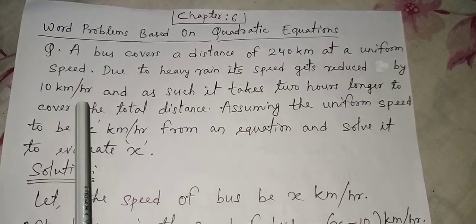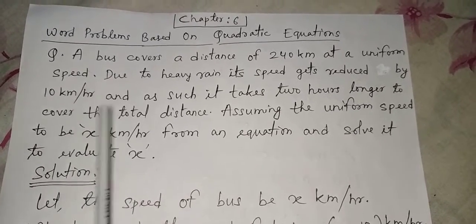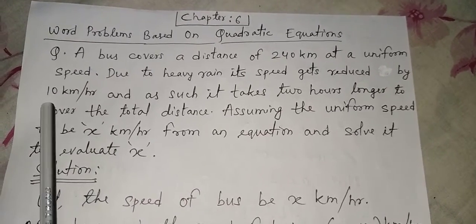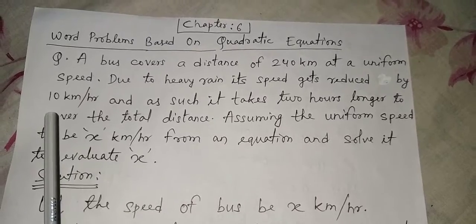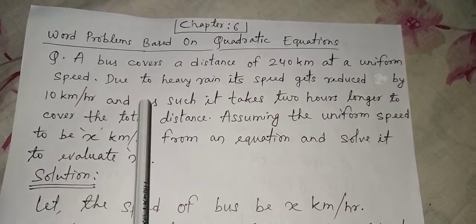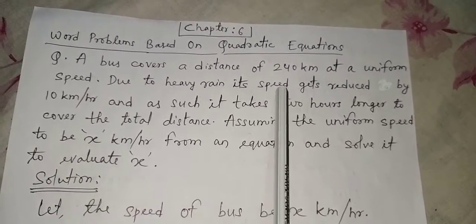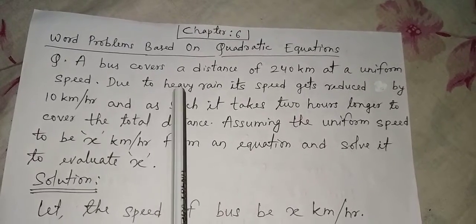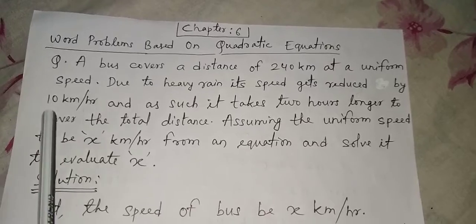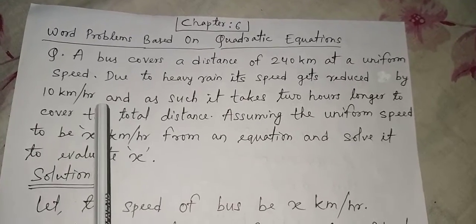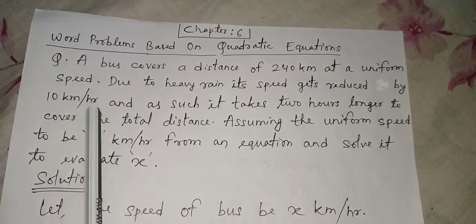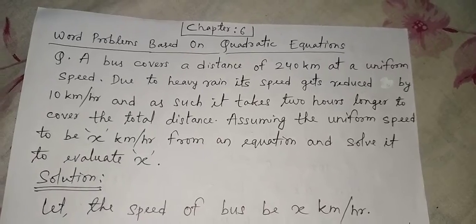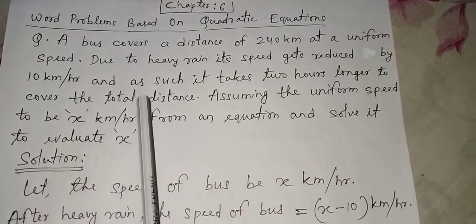That means if it was running at a speed of 80 km per hour, now it will run at a speed of 70 km per hour, because 80 is the actual speed of the bus. But when it was raining, it reduced its speed by 10 km per hour. That means from 80 km per hour it will become 70 km per hour.